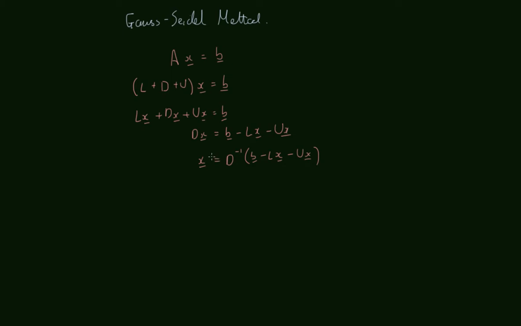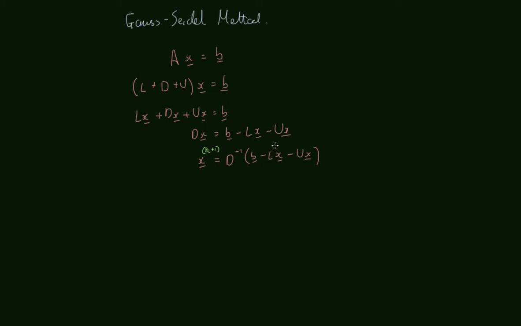Here we have the matrix form of the Gauss-Seidel method. Because this is an iterative method, k plus 1 in the superscript is our new estimate of the solution for x. With the Jacobi method, both of the x's on the right hand side were of the current iteration.